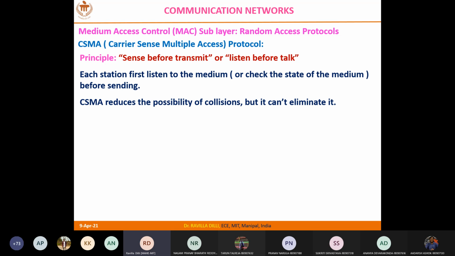If the channel is idle, then you can transmit. Otherwise, you have to defer. That is the fundamental principle behind CSMA.